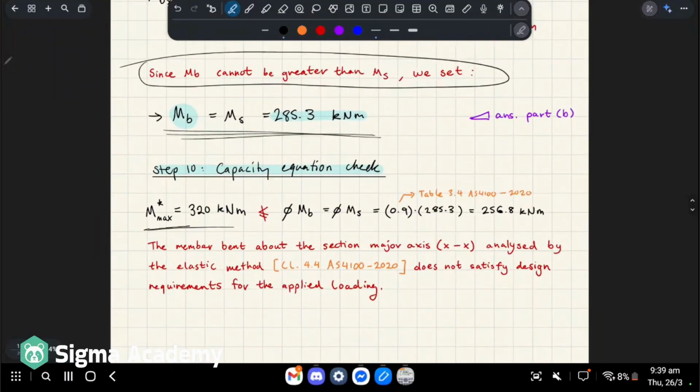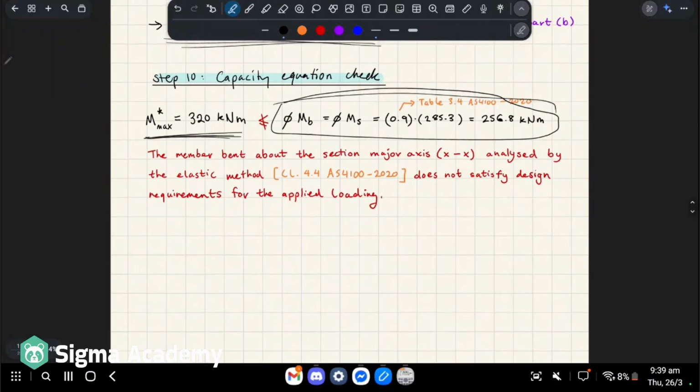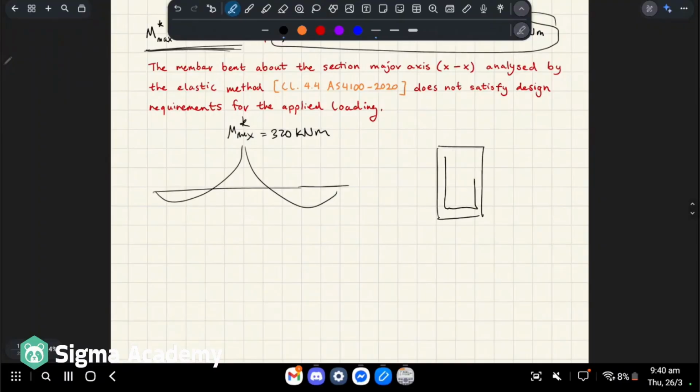And then we do a check. Okay, does our max moment satisfy, basically. Now, the thing is, if I was designing this in real life, right, and we find that the bending moment diagram had an M max of 320, and if I've only done half those steps, and I find out the section is already less than 320, I'm going to make this a stronger section.